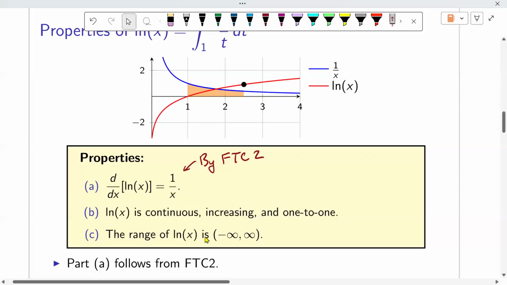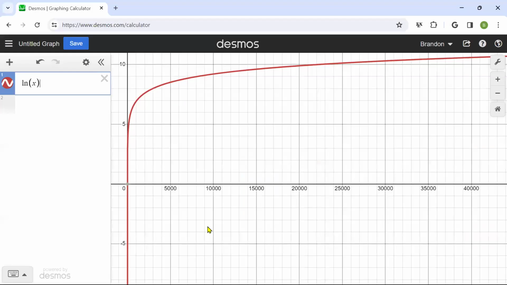The natural logarithm is continuous and increasing, and the range of the function, that is the set of possible outputs, can be anything from negative infinity to positive infinity, anything at all. I've showed you here on this graph that it can get pretty much as big as we want. At least it could get up to 10 eventually.